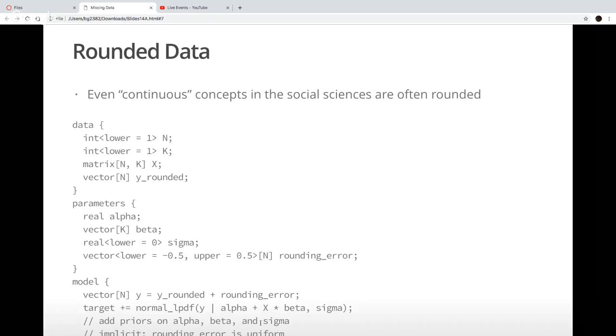So this is saying a priori every value between negative 0.5 and 0.5 is equally likely under my prior, which is an entirely plausible thing to believe if you just have cents that have been rounded to the nearest dollar. There's no particular reason why 86 cents is more likely than 12 cents when it gets rounded away.